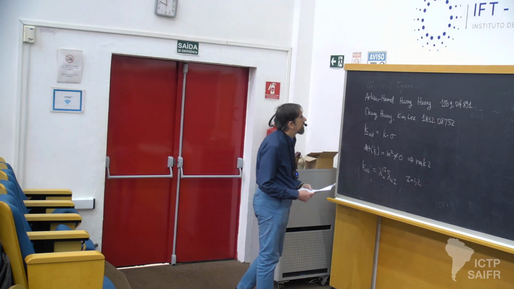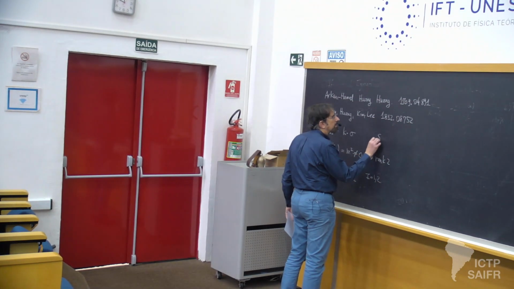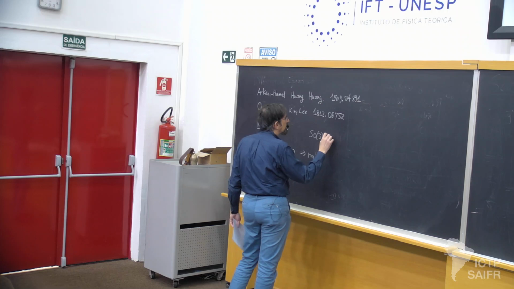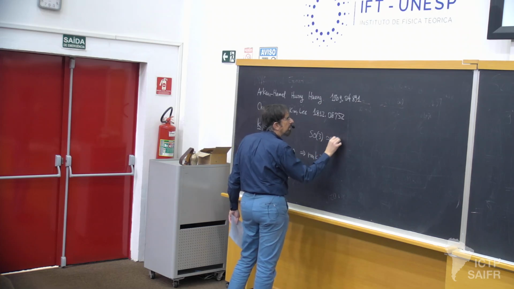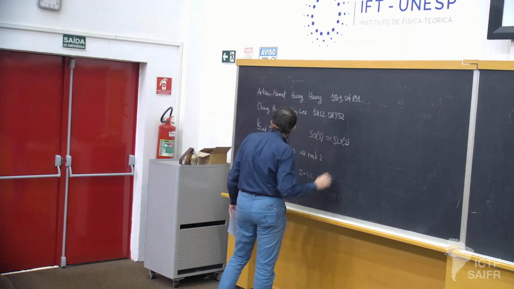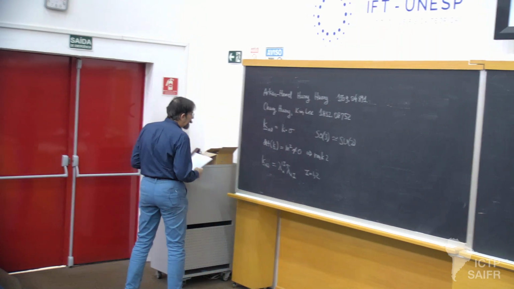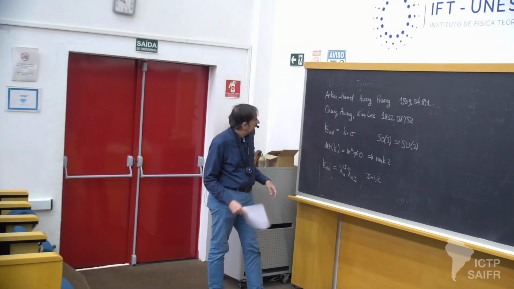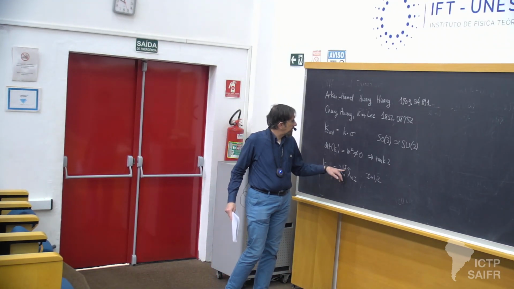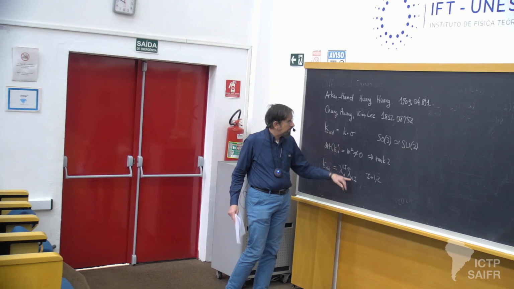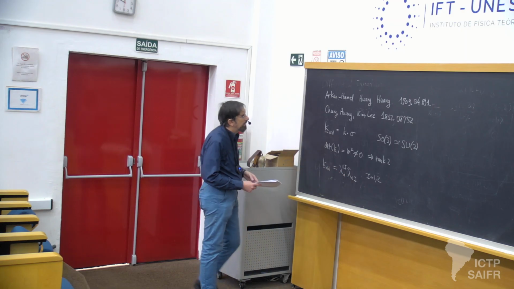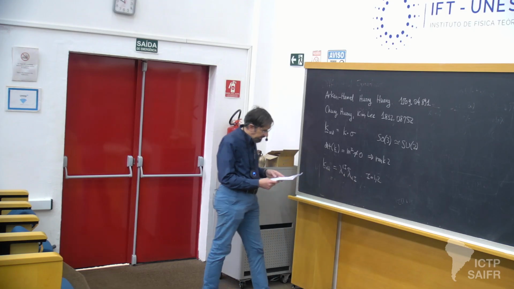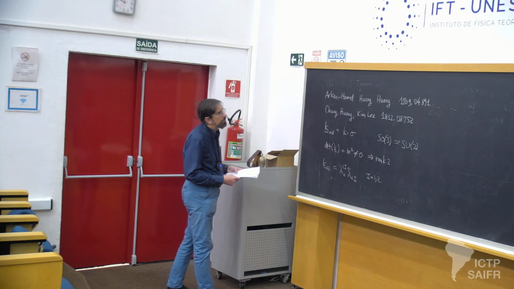And so the little group here, at least at the algebra level and ignoring translations, is going to be SO(3), which modulo double covering is the same thing as SU(2). So it's natural to associate this extra index, since these things form a doublet under SU(2), with the little group.